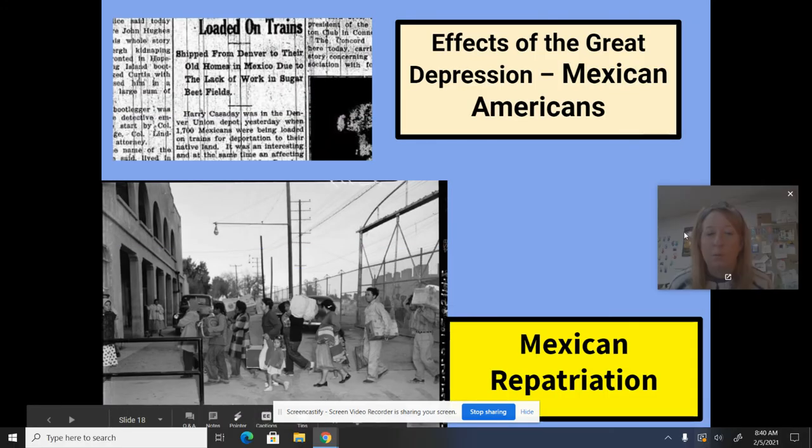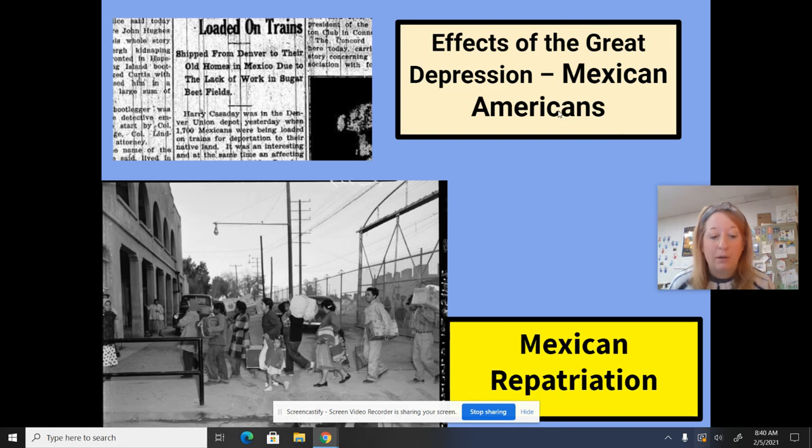And then the last group I'd like to speak about are Mexican Americans. Many Mexican Americans and Mexican immigrants worked specifically in agricultural jobs, a lot in California and out west. With the decrease in farming prices and the high rates of unemployment, one government program that's pretty controversial is one that becomes known as Mexican repatriation.